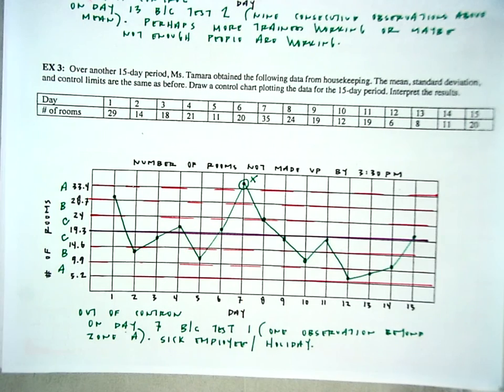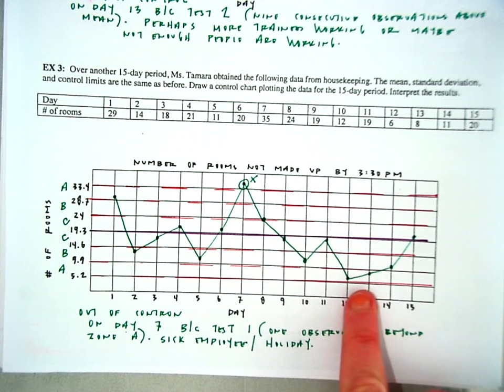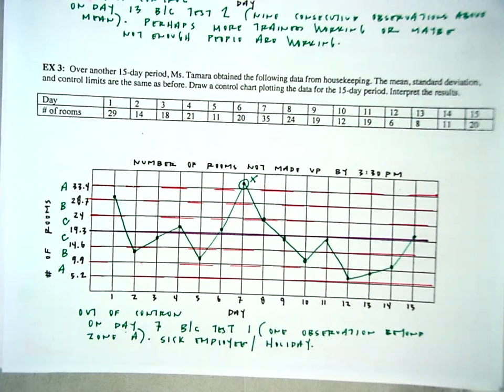And I can also see that down in here, I'm actually seeing that we have a significant amount there in this lower region. So if I look back at my chart, I might identify that I see 2 of 3 observations in a row on one half of the chart and in zone A or beyond.